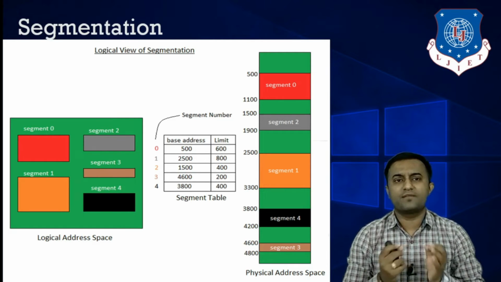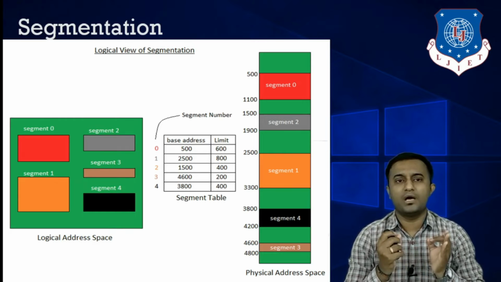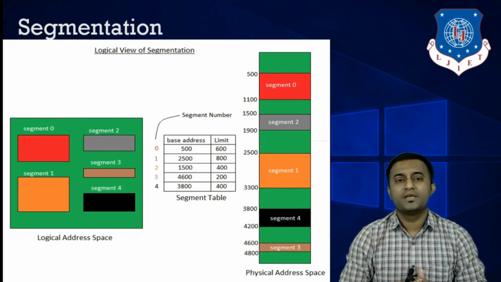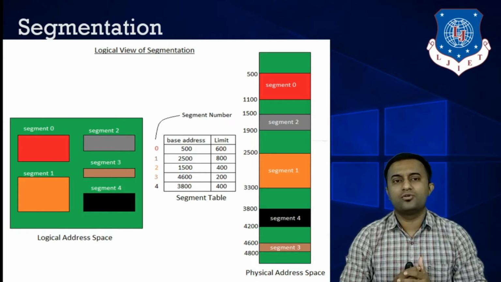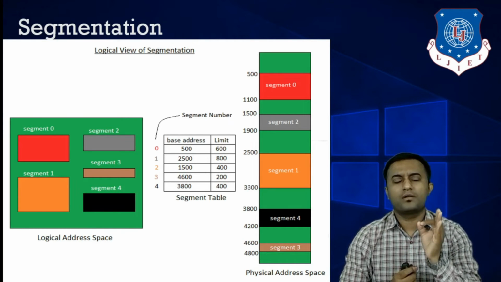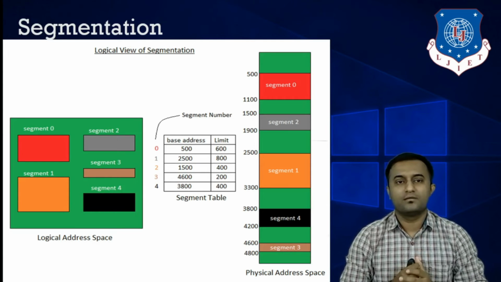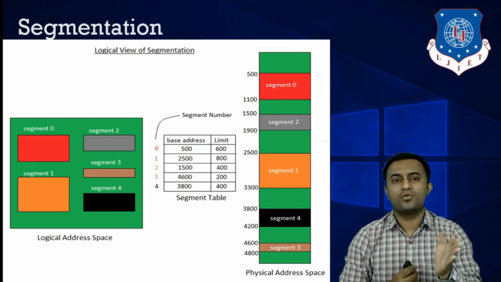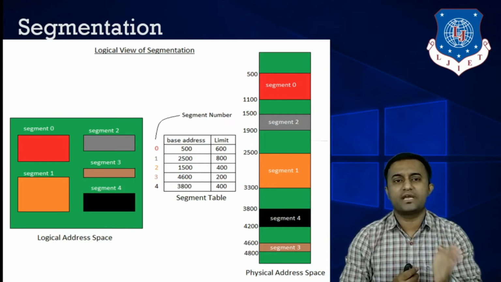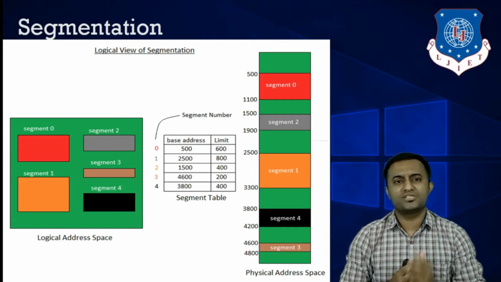Let us take one example. Suppose we have a program, for example a calculator, in which there are various functions: one is the addition function, second is subtraction, third is multiplication, fourth is division, and so on.